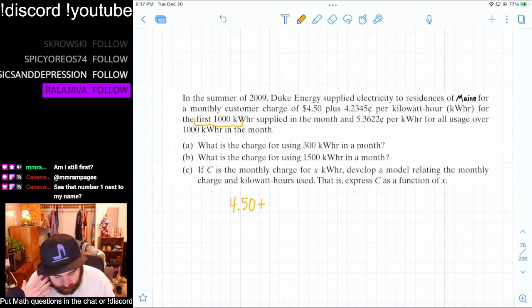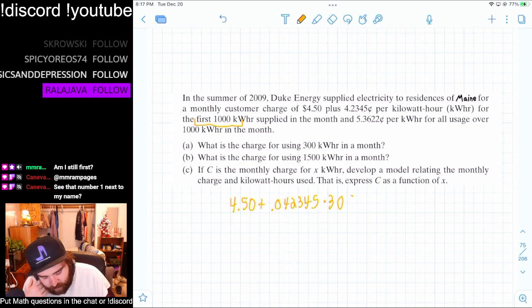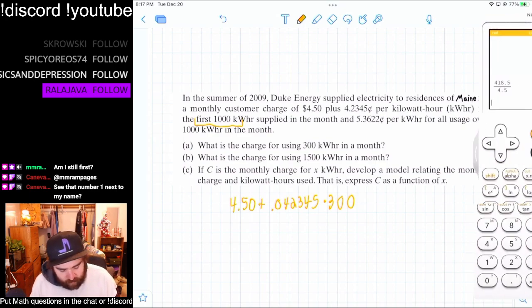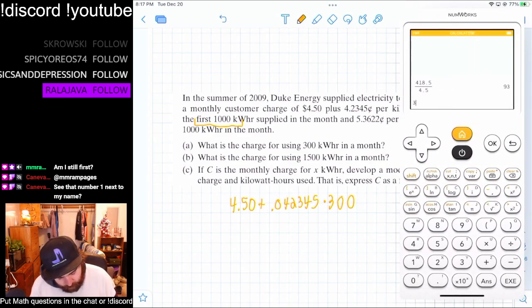So $4.50 plus that's cents, so 0.042345 dollars. No, we're multiplying that by 300, because that's what it is per kilowatt hour, and we're using 300 kilowatt hours. So whatever that is, that's how much it's going to cost for 300 kilowatt hours.